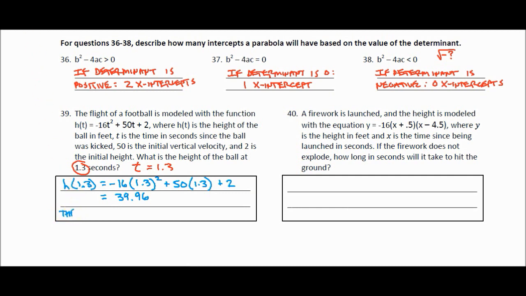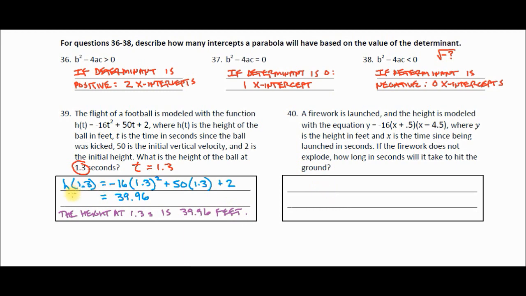So that means our answer is the height, and I'm going to write that in a different color. The height at 1.3 seconds is 39.96 feet.